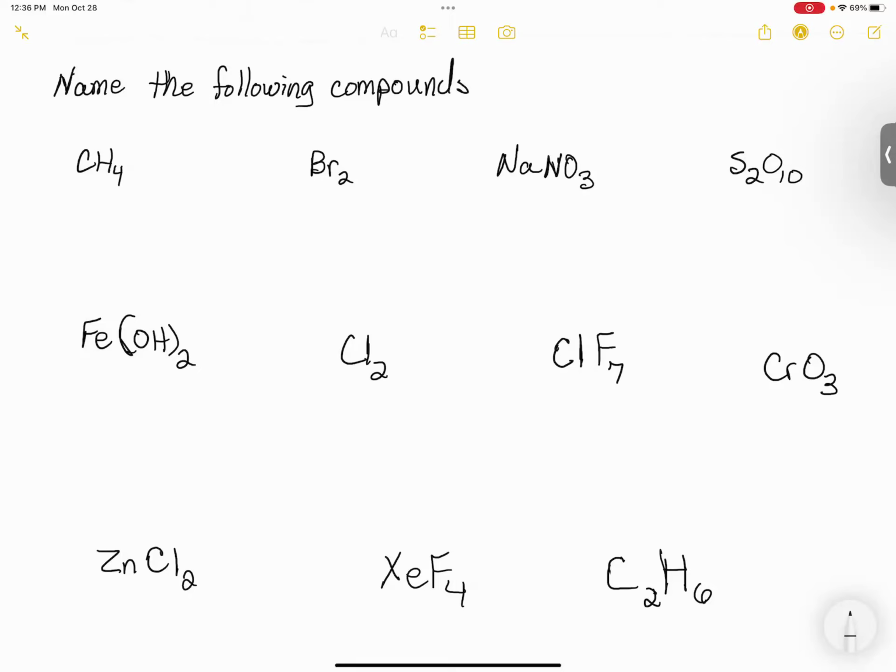Is it hydrogen with group 15, 16, 17? Is it an alkane? Or is it binary covalent? Because each one of those has a different way of naming it.